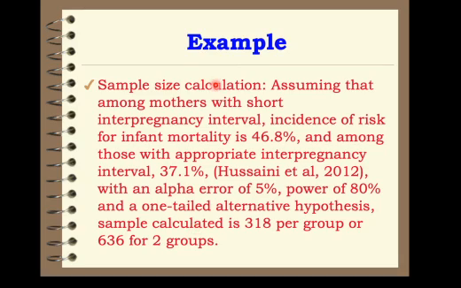Assuming that among mothers with short interpregnancy interval, incidence of risk for infant mortality is 46.8, and among those with appropriate interpregnancy interval, 37.1, and then we normally say who the author is, where you got these values, and then with an alpha error of 5%, power of 80%, and a one-tailed alternative hypothesis, sample size calculated is 318 per group or 636 for two groups.